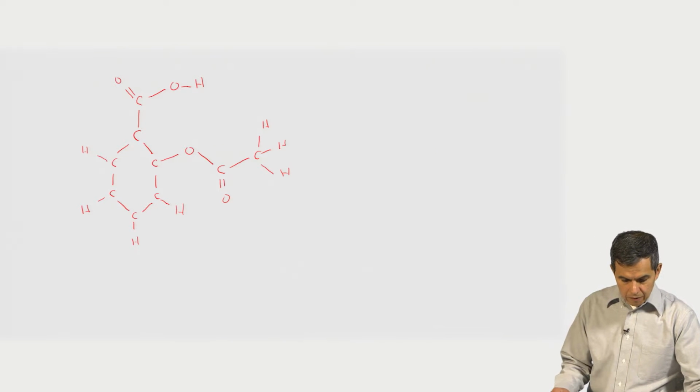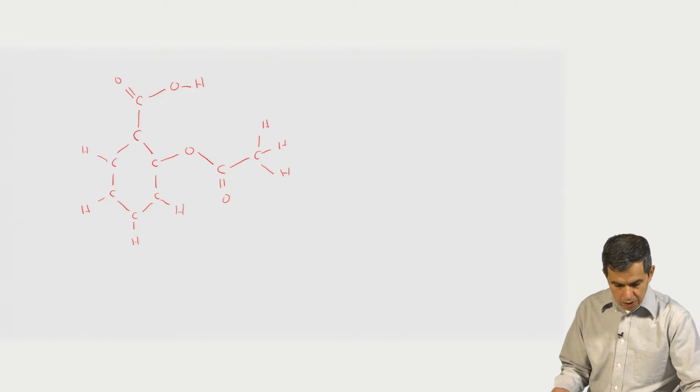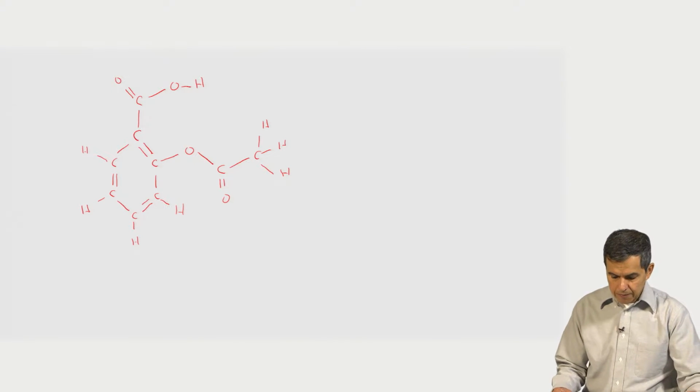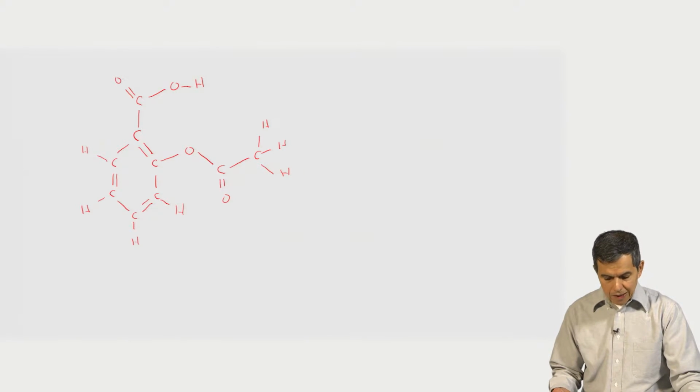Once we have confirmed that we have properly represented the structure, we need to make sure we have all the sigma bonds and the pi bonds, or sigma bonds and double bonds, I should say, indicated in the original structure. And now we are going to start by assigning a number to each of the carbons.